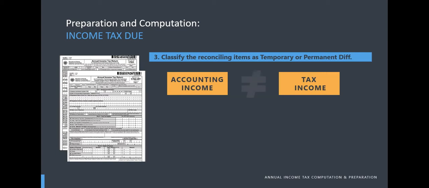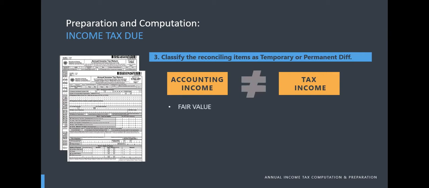However, there are certain expenses that may not be equal when it is recognized in the accounting income and when it is recognized in the tax income. So there are certain reasons why accounting income and tax income differ.